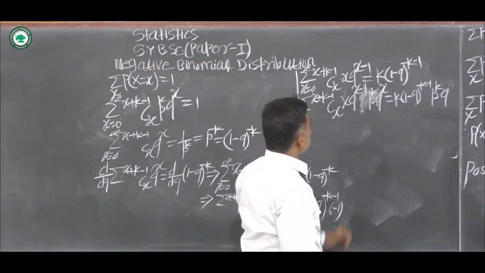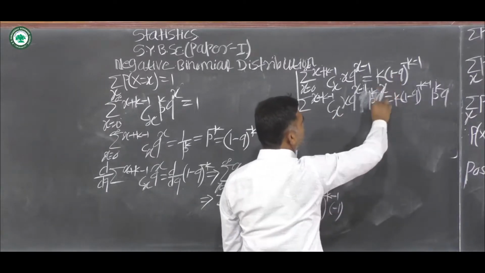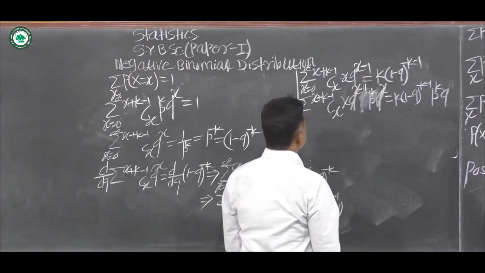Okay, then here q raised to x minus 1 times q gives q raised to x.